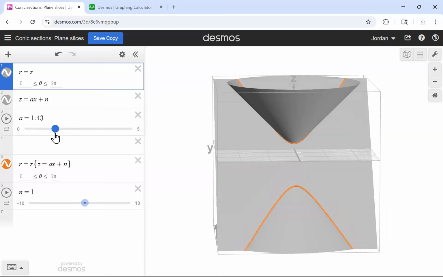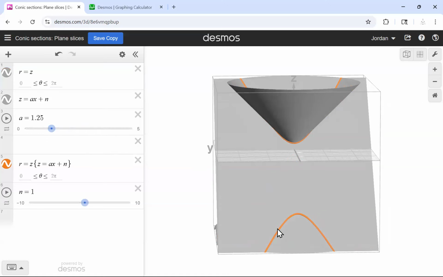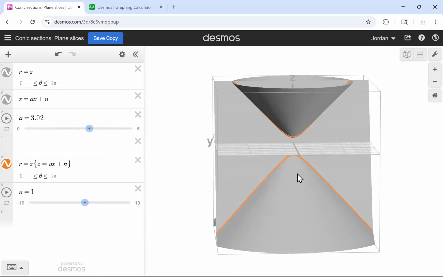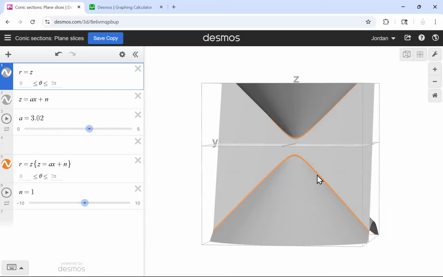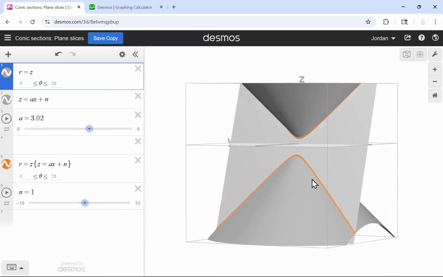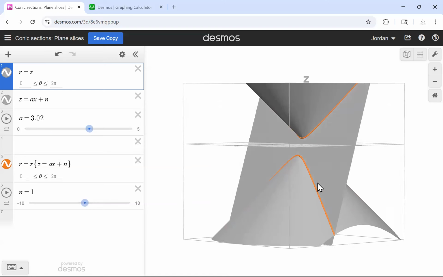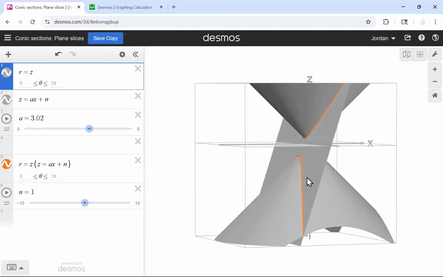So for something like 1.25, where the hyperbola turns at the vertex, I say corner, it's not an actual corner, it looks more parabolic shaped. And if the slope grows, it looks more like the absolute value graph, a little bit sharper on that turn.